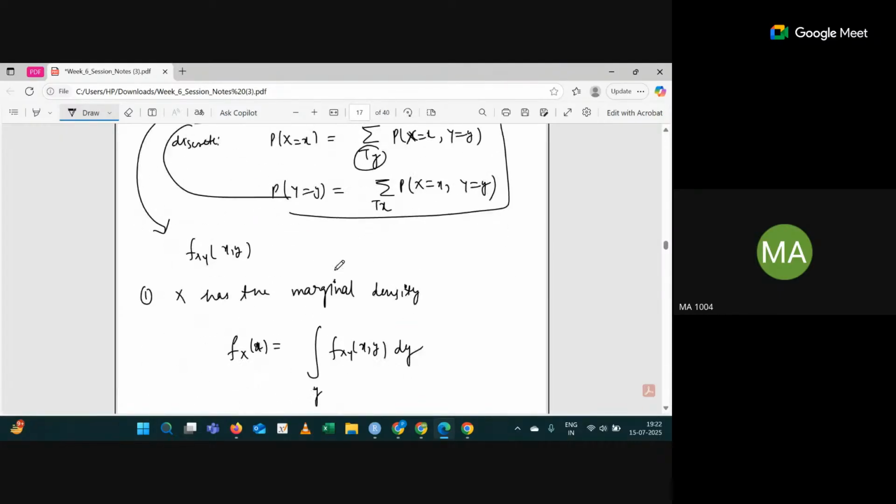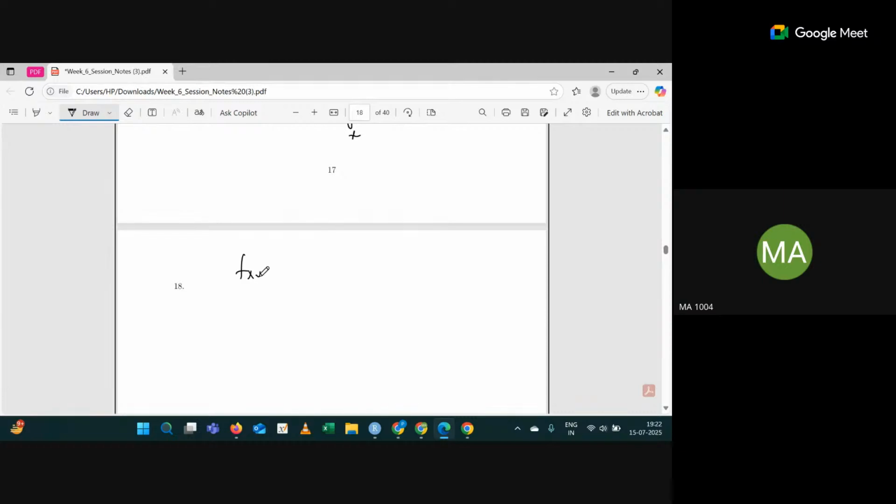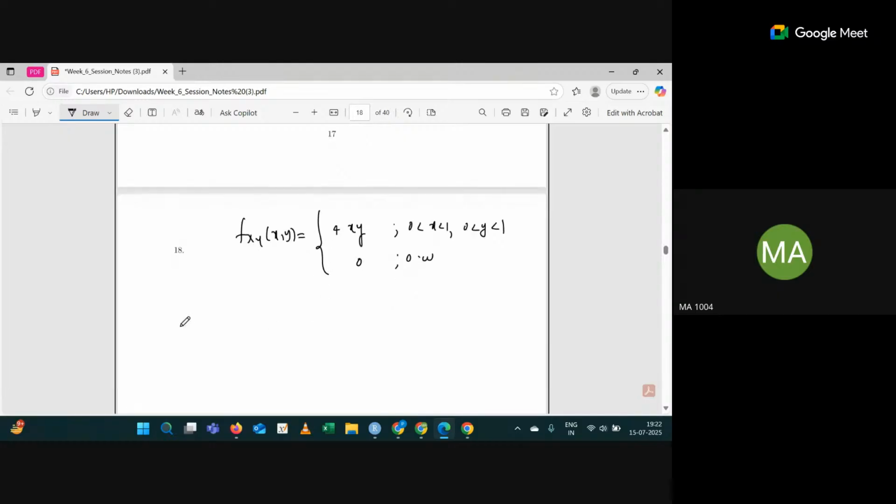Suppose I told you the joint PDF is given as 4xy, for example, and this was the support, and it takes value 0 otherwise. Suppose I ask you to calculate f_X(x). You will integrate the joint PDF with respect to y. What is the limit of y? 0 to 1.